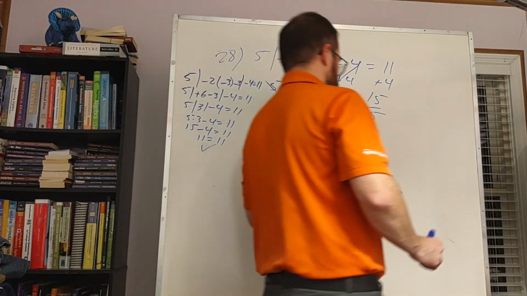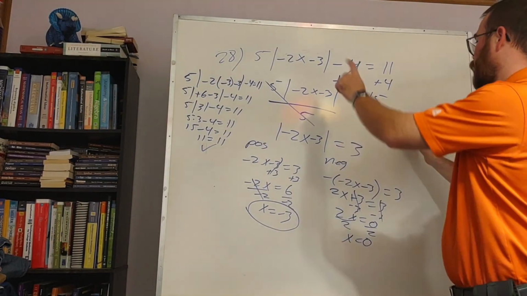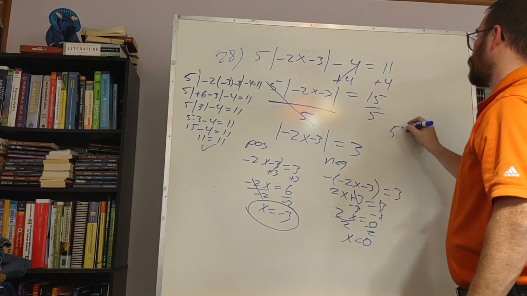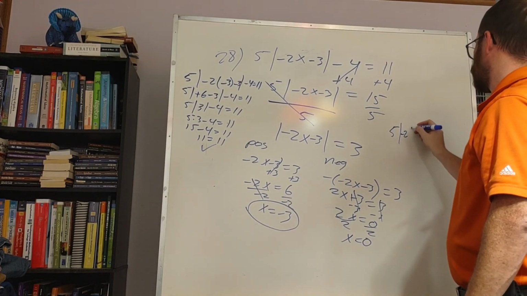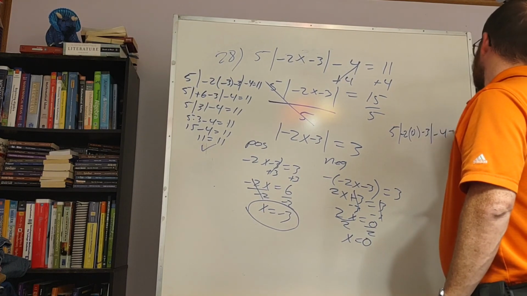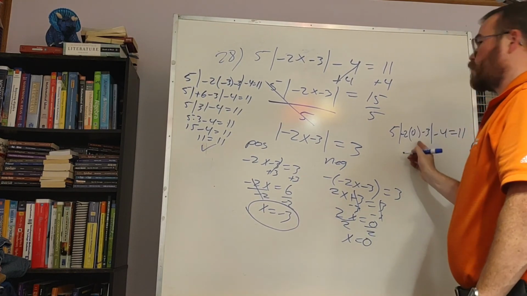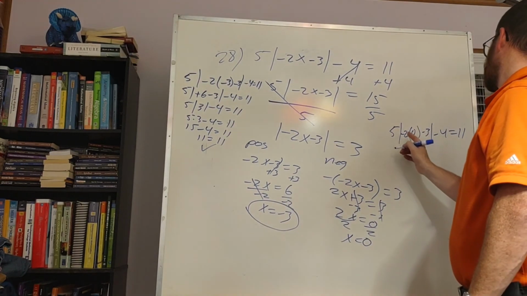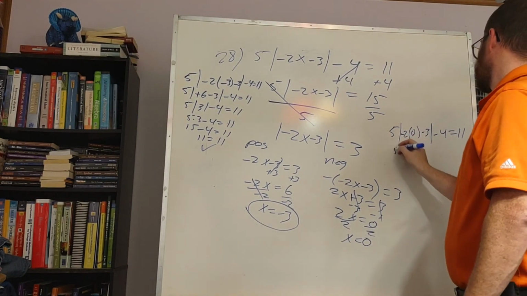So if you come over here, we're plugging in 5 absolute value of -2, plug in 0, minus 3, minus 4. So -2 times 0 is 0.